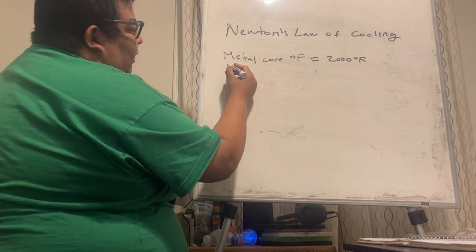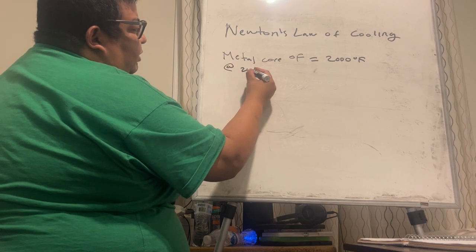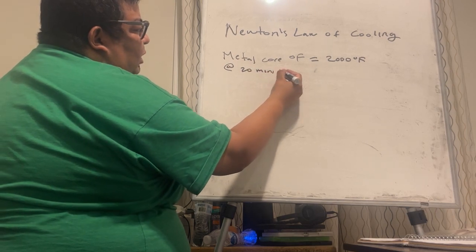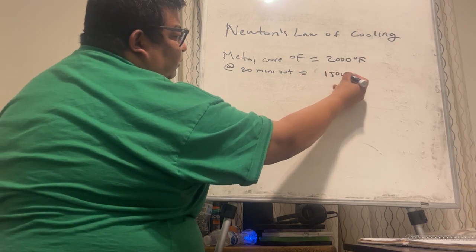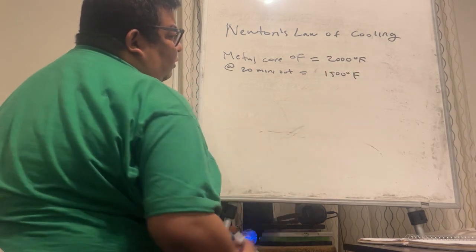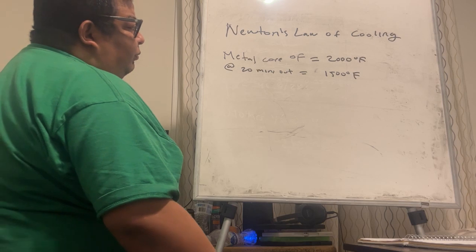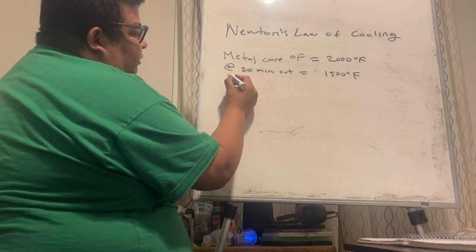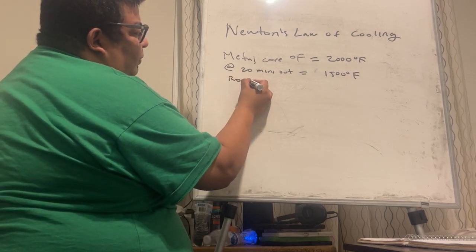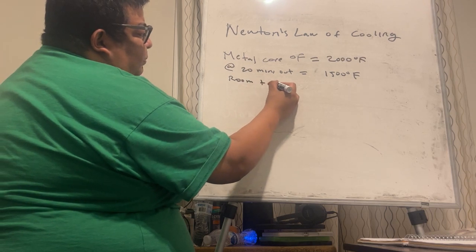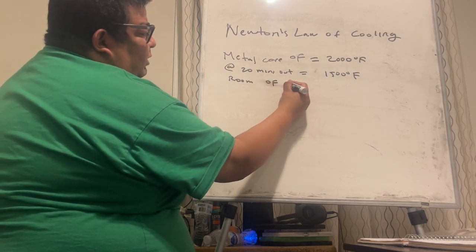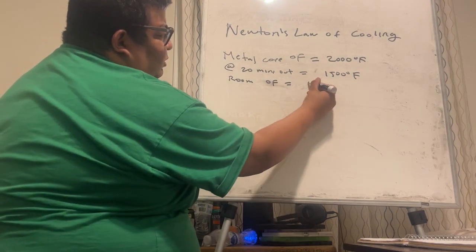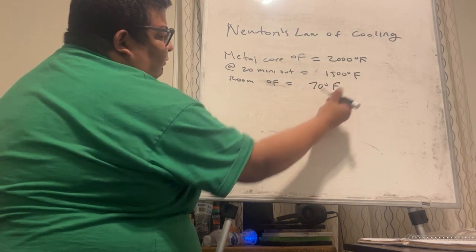And then at 20 minutes out, it is equal to 1500 degrees Fahrenheit. And then we know that the room temperature is equal to 70 degrees Fahrenheit.